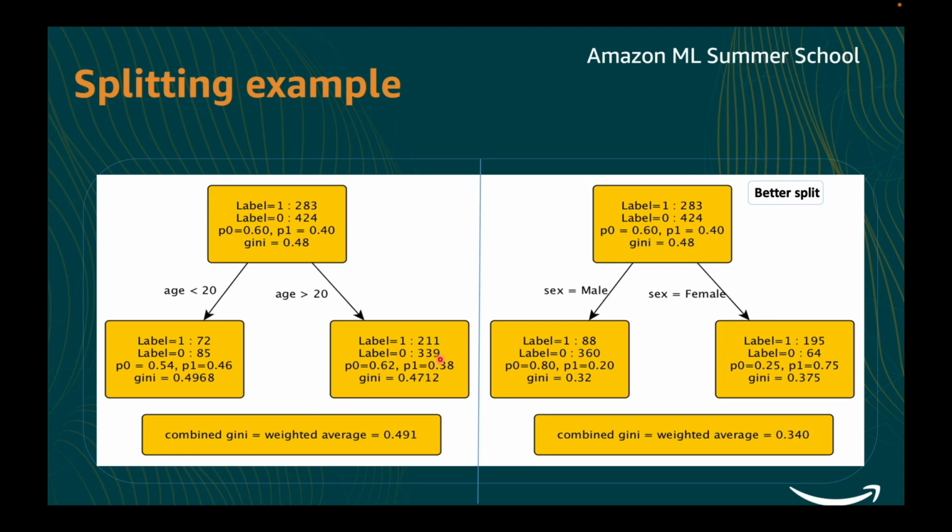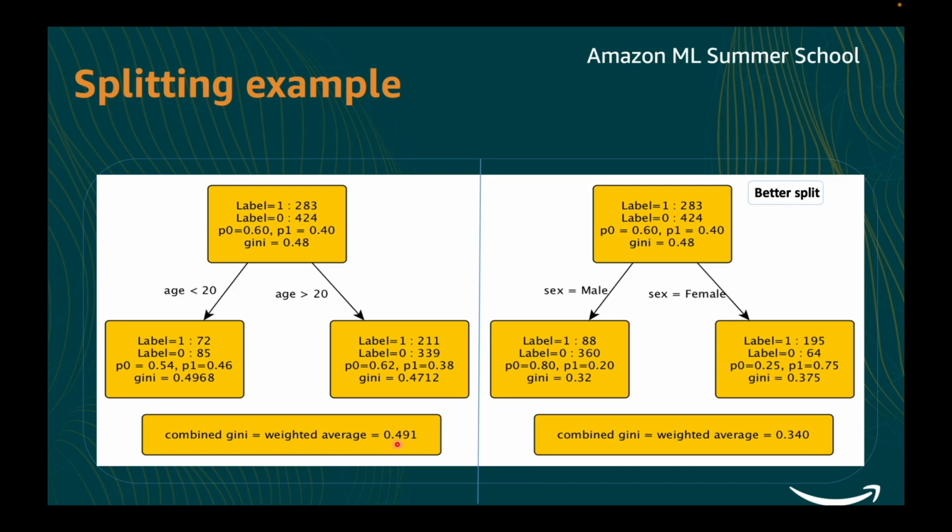You take the fraction 339 plus 211 divided by the total, multiply it by the Gini value of the other node, and the sum of those two gives you the weighted average. This is your Gini impurity on using age less than 20 as your splitting criteria.